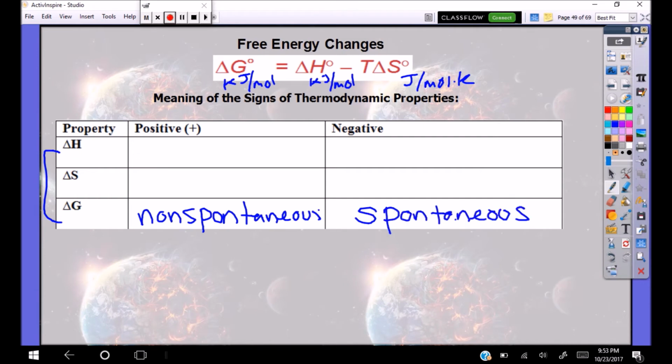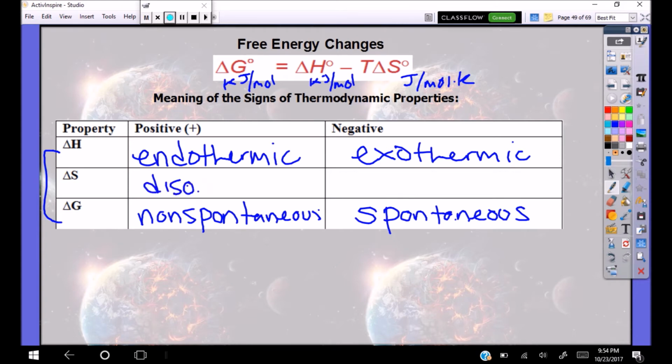And spontaneous is usually paired with an exothermic reaction, meaning heat is released. Non-spontaneous, heat's being absorbed, endothermic, sorry. Delta S is where it's switched. Positive means more disorder, and negative means order.